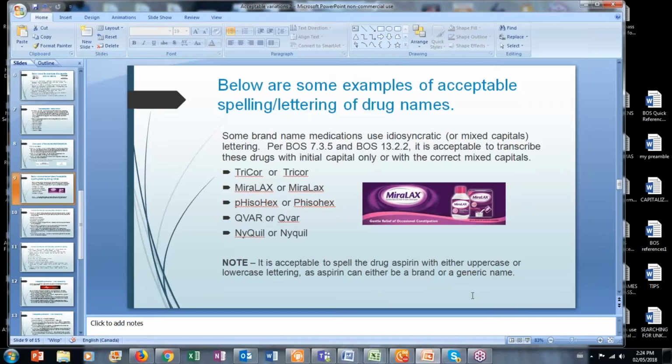A lot of people just choose to do like Tricor, just the capital T. It's easier than having to hit the control button to capitalize your C as well, and it's just a lot faster, especially like Visohex too. So whatever your preference is. Those kinds of words are coming up next, I believe, in the English words. But yeah, that's another good acceptable variation.